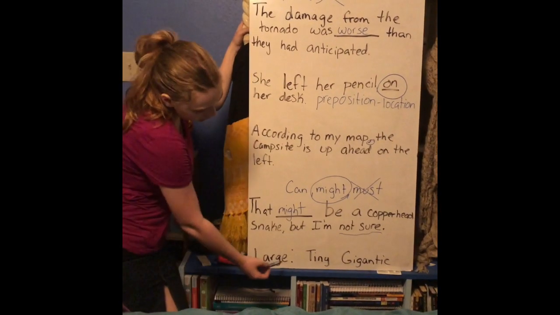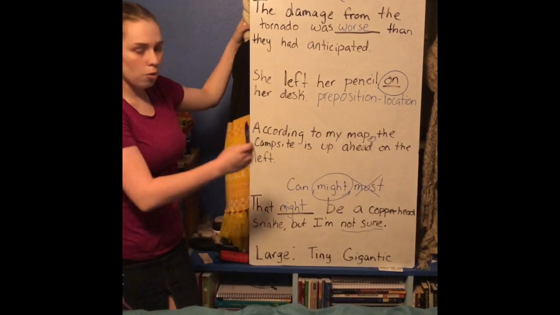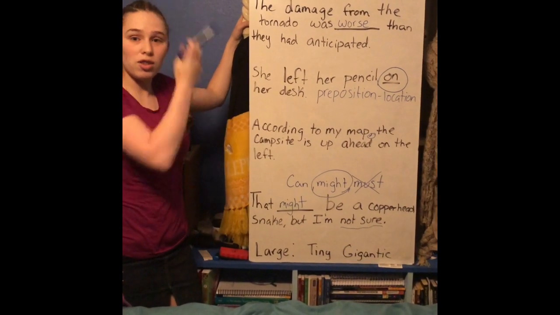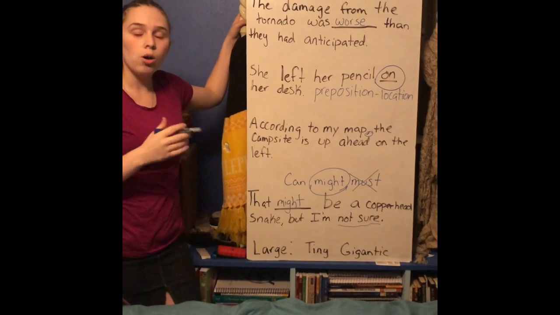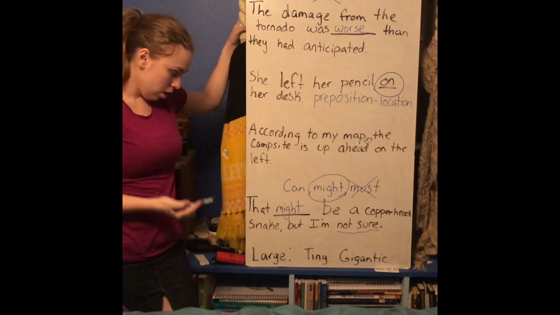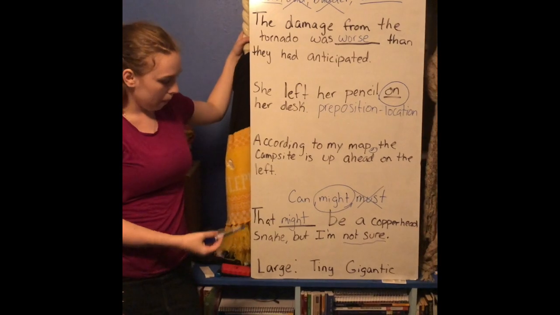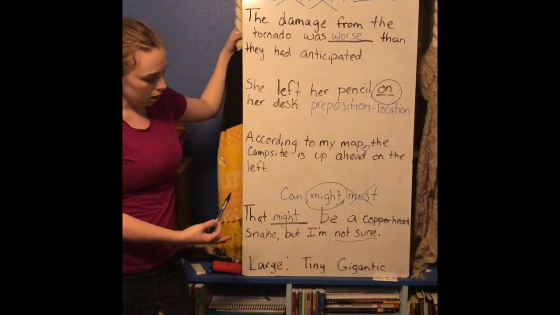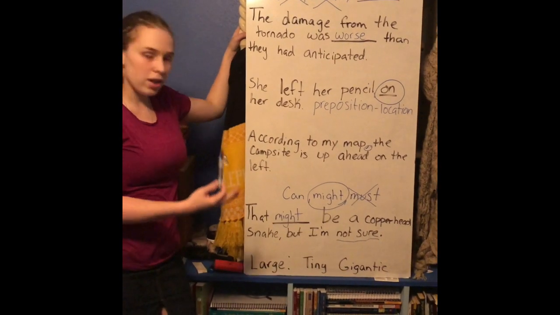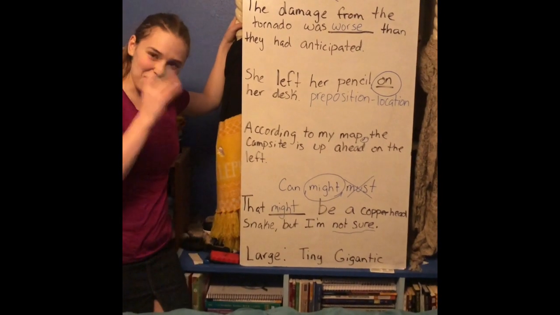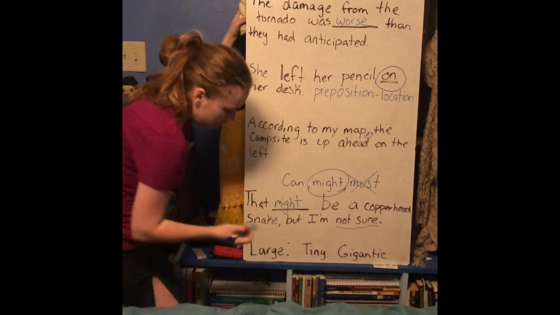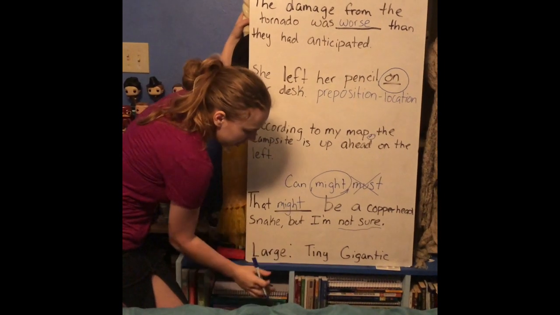And the last one. It's given us a word and then two other words. And you're going to write S for synonym, which is a word that is similar or the same meaning, or A for antonym, which is different. So the word large, tiny, and then gigantic. Is tiny a synonym? Does it mean the same thing or the opposite? Well, large and tiny don't mean the same thing.